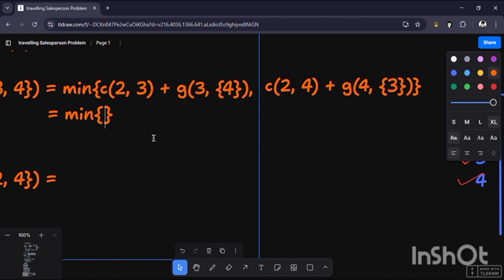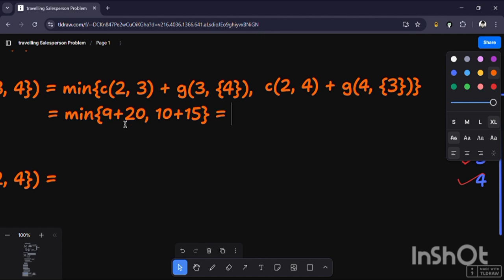Okay, the value for this one is 9. 9 plus 20, and comma, 10 plus 15. So the answer will be 10 plus 15, right? 25.